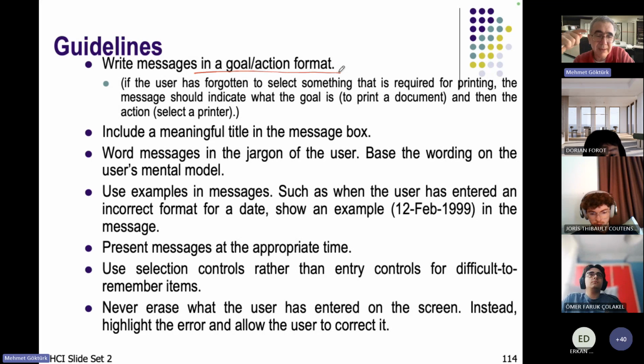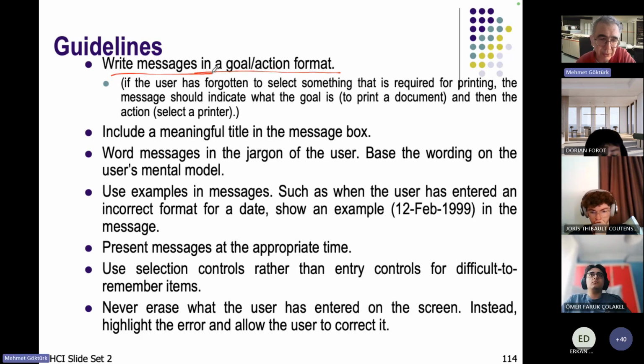Then I realize that he didn't understand what I was asking. So I try to rephrase it. And at the end, I may find what I want. So the miscommunication can only be corrected by repeating the goal and action in the error message.